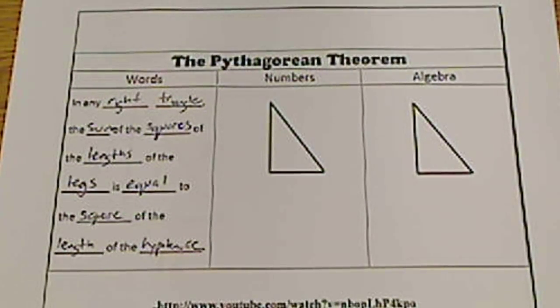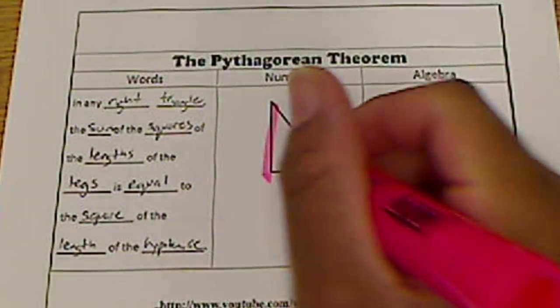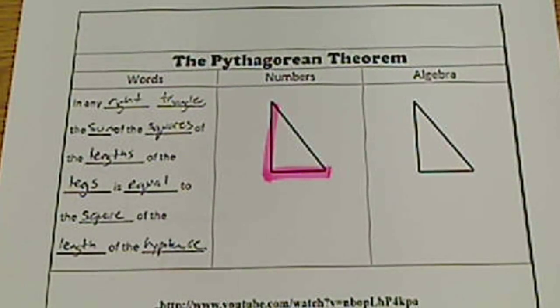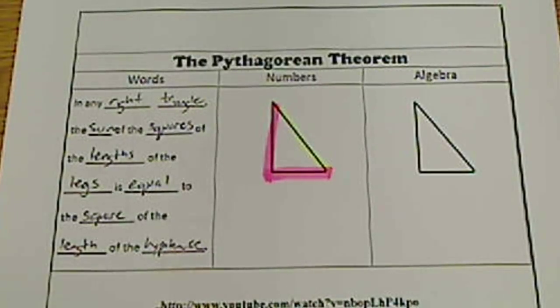So let's highlight our legs. If you select this right here for your leg, this is one, and this is another leg. And then here goes my hypotenuse.